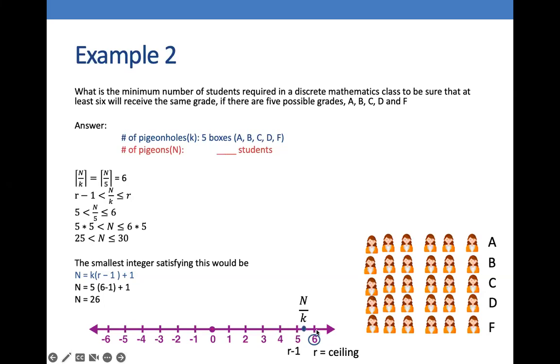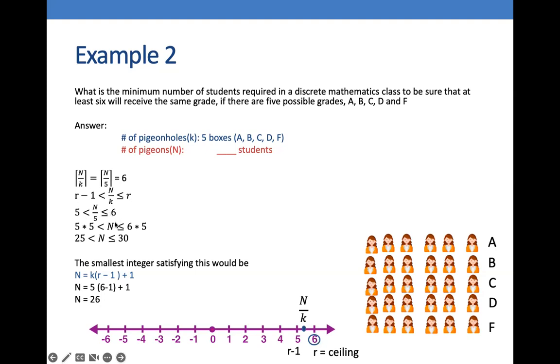So our range would be that n over k will be between r minus 1 and r, but not including the value of r minus 1. Substituting 5, n over 5 must be greater than 5 and less than or equal to 6.